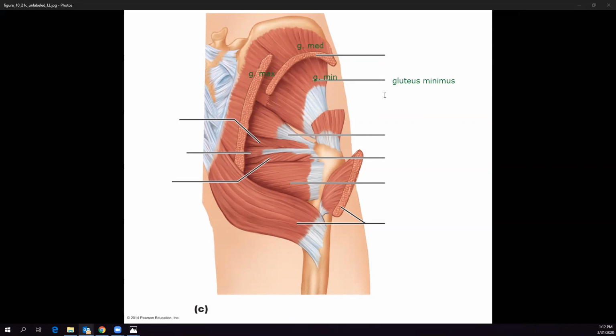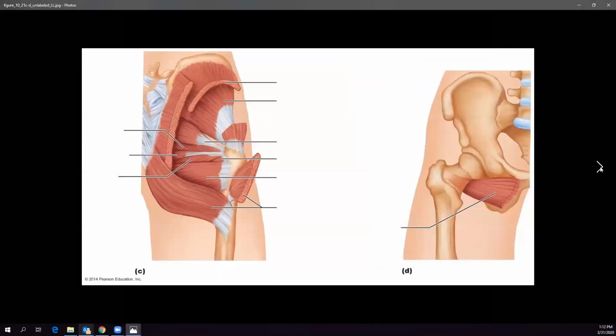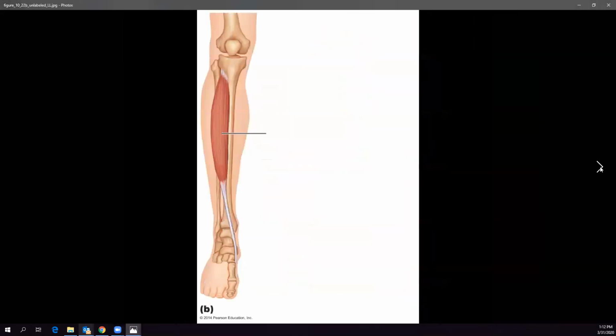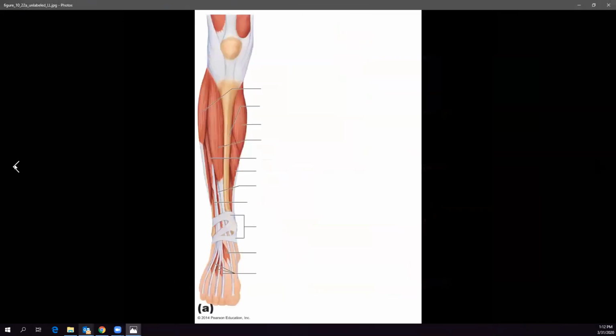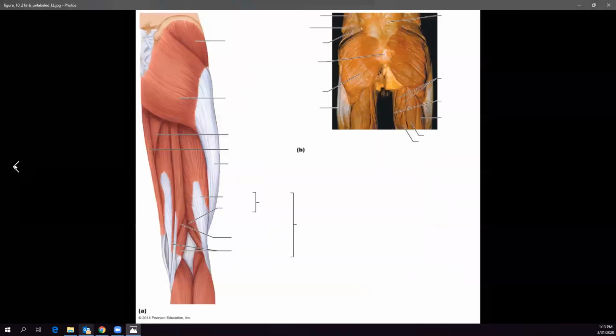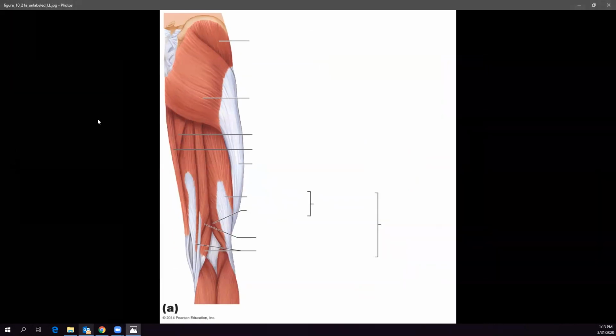Now, the tensor fascia latae, I don't know that I have a picture of that because that's on the lateral side of your leg. So guess what? I won't quiz you on that one. Let me just see if I can find a better one. You know what? We're going to do this. Okay, let's go to this picture right here.